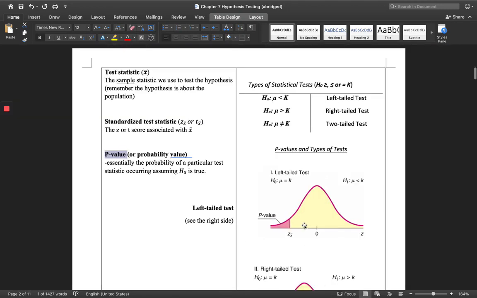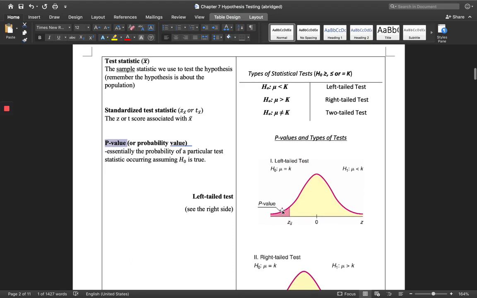Okay, now there are 3 types of tests that we can use, and which test we're going to use depends on what our original H naught is. So if H naught is greater than or equal to, we want the right-hand test. I'm sorry, I got that the other way around. If H naught is greater than or equal to, we want to use the left-tailed test. The reason for that is because the alternative hypothesis is the one that includes less than that value, right?